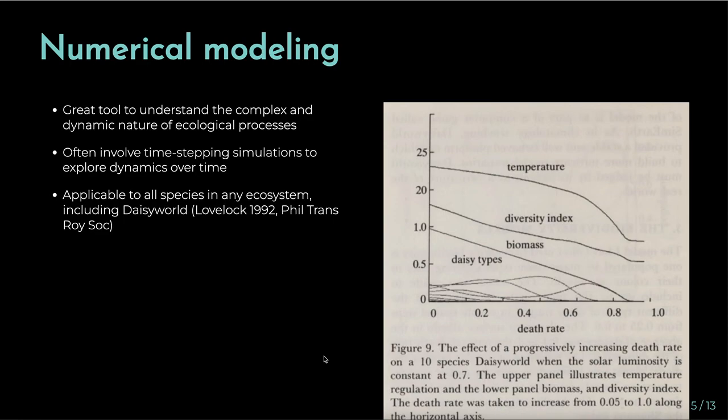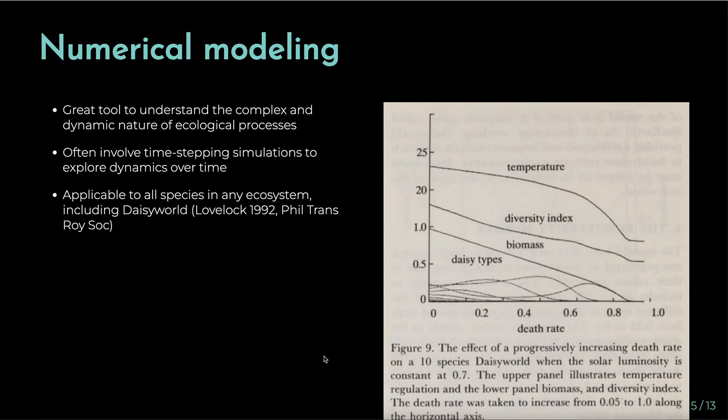The good news is they're usually more or less made up, so they're really just there to explore what may happen if conditions were such and such. And as such, they're applicable to practically all species in any ecosystem, including, there's an interesting example of Daisy World. This is a scientific paper that Lovelock wrote in 1992. It's published in the Philosophical Transactions of the Royal Society, a pretty good journal.